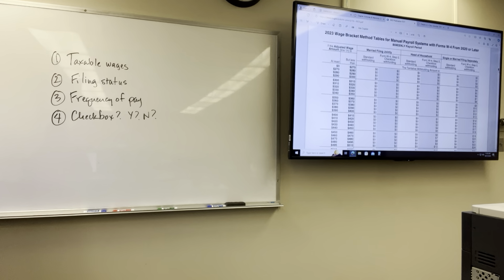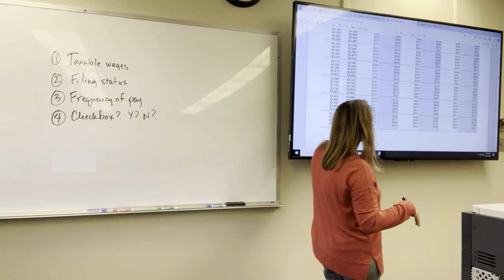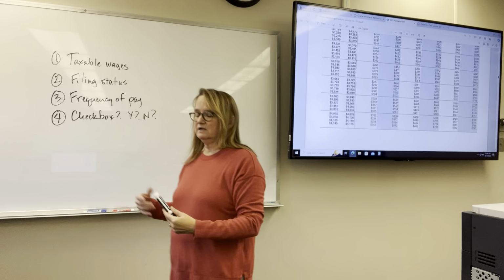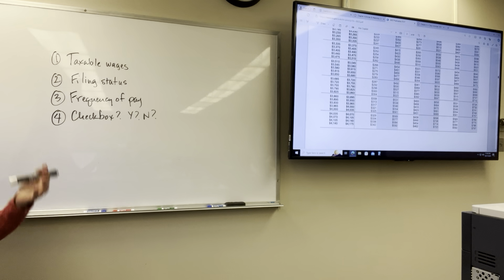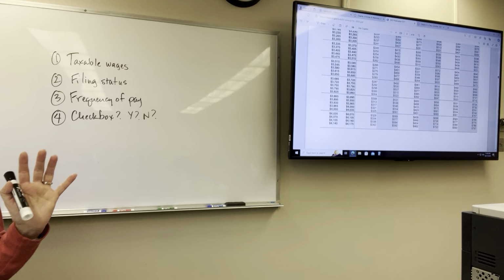Semi-monthly basis, you see these are getting larger each time, because of course we're talking about longer spans of time for pay. $4,175. So if somebody's making taxable wages of $4,176, we're not going to be able to use the table.